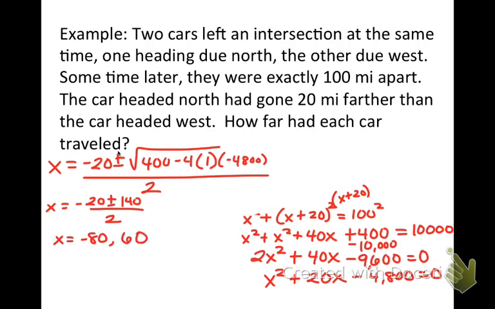I feel like this is the same numbers that we had in that homework problem. So which solution are we going to go with? 60. So the question is asking how far had each car traveled. So the car heading west traveled how far? 60 miles. The car traveling north went 80 miles.